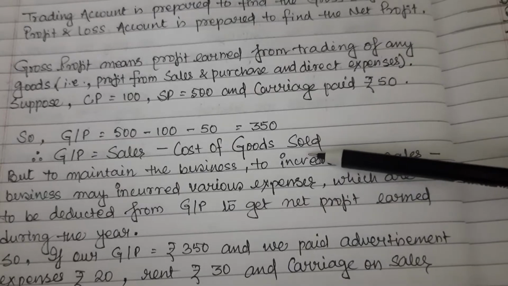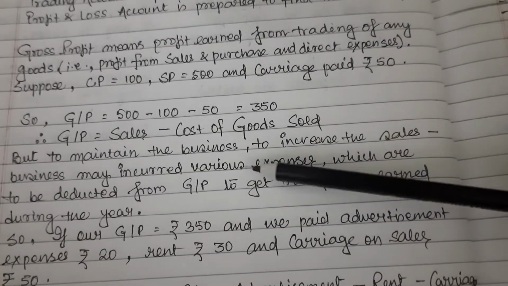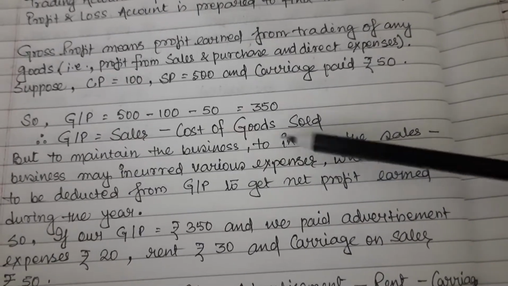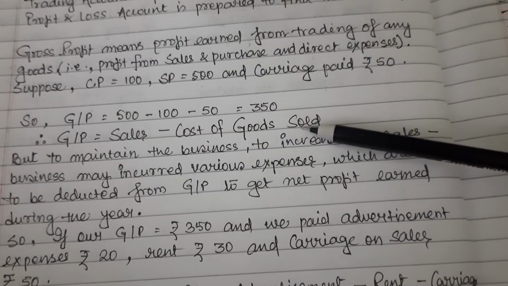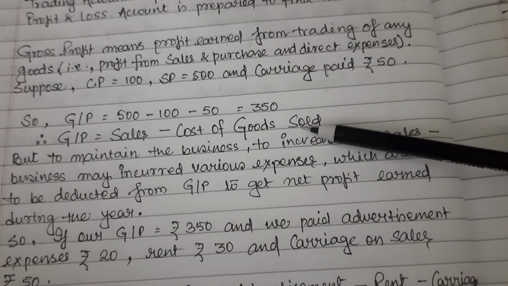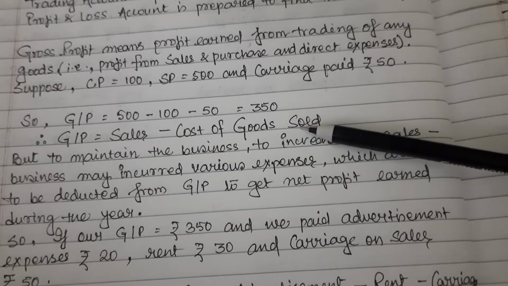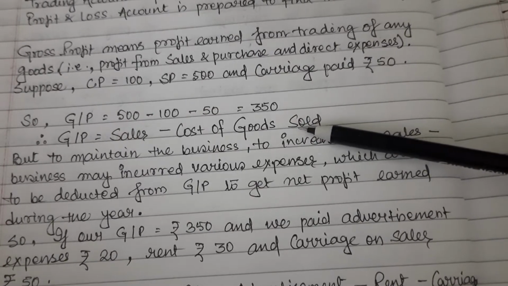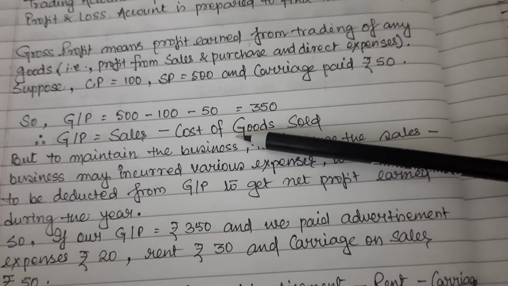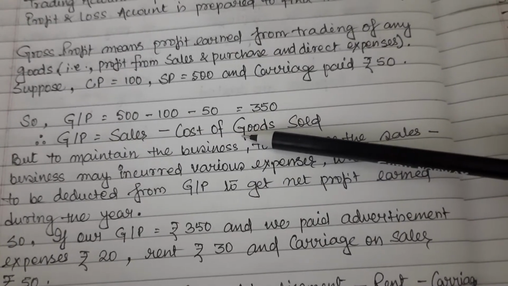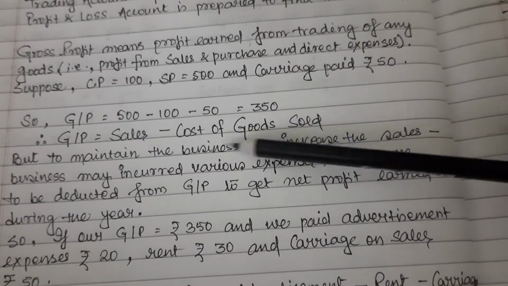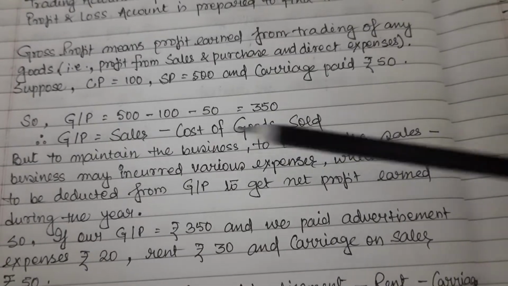Now cost of goods sold, what? Cost of goods sold means whatever the expenses you have incurred after purchasing those goods and before selling out those goods. Those are our direct expenses, and those come under cost of goods sold.